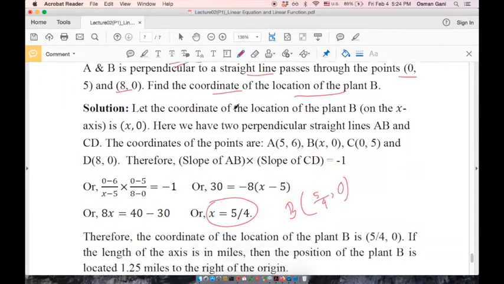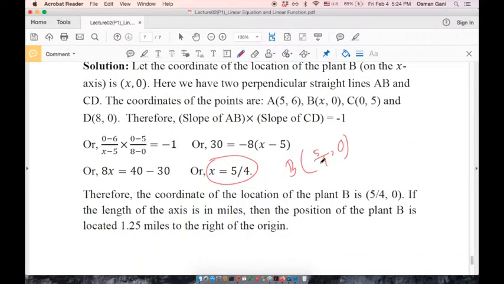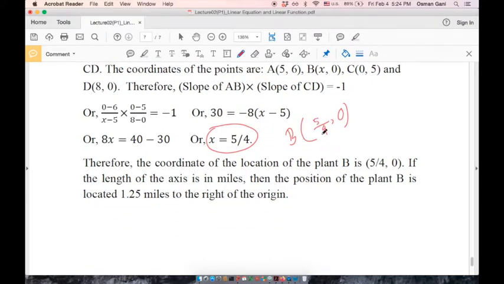So 5 by 4 miles, 0 is the location of plant B, and 5 by 4 miles means 1.25 miles. So we can say that plant B is located 1.25 miles to the right of the origin.